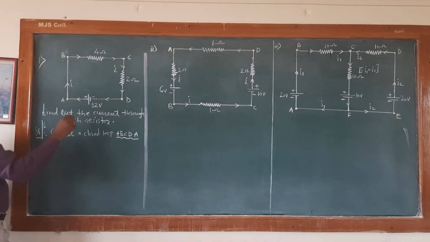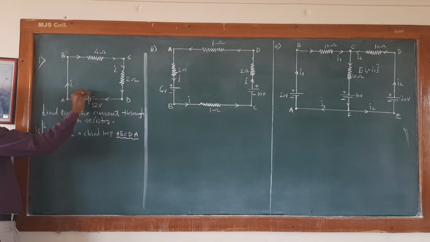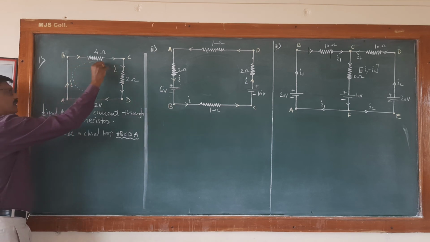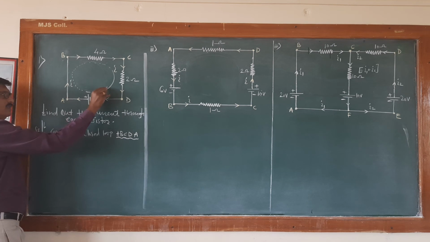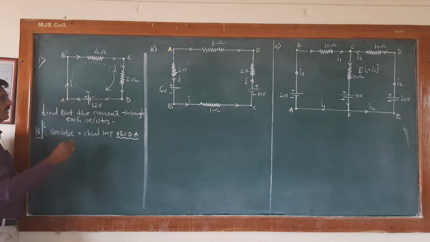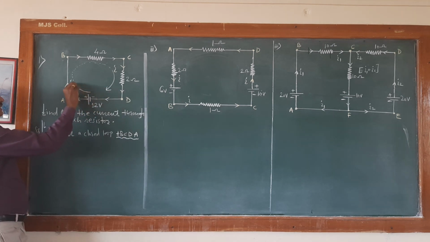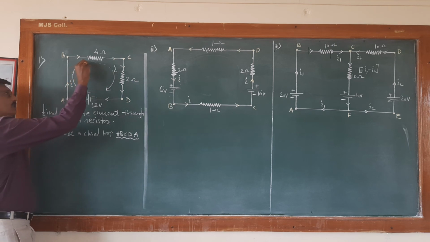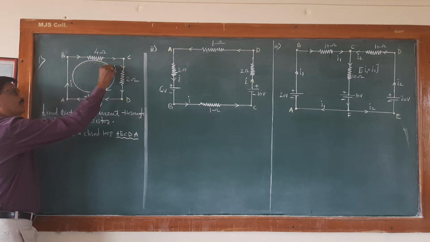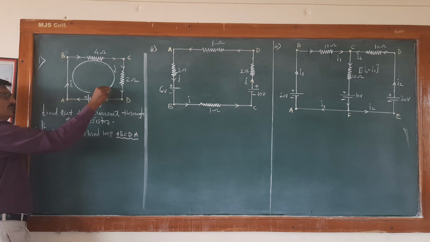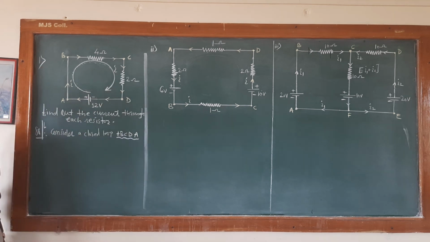Sign convention. Suppose this is the battery's positive terminal, and current flows from this positive terminal to the negative terminal in this way and comes to this side. This is the direction of conventional current. We go in this way and finally come to the negative side of the cell.